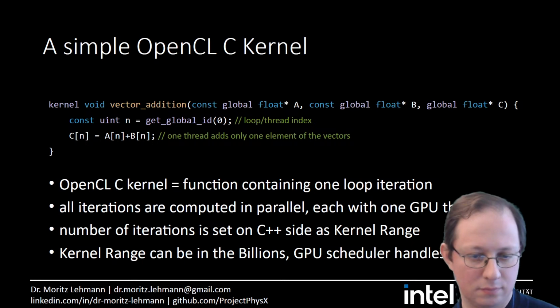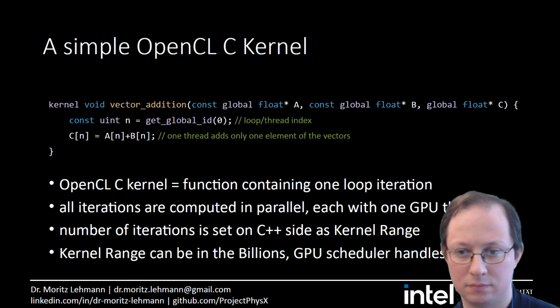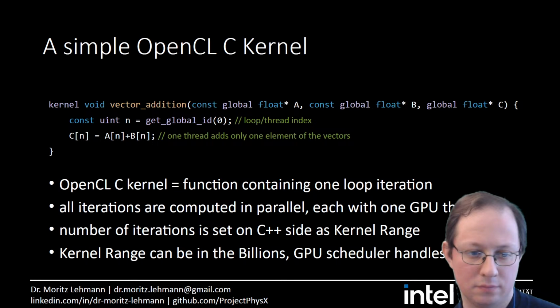On a CPU, you would split it into chunks, have one CPU thread work on the first half of the loop iterations and a second thread on the other half.